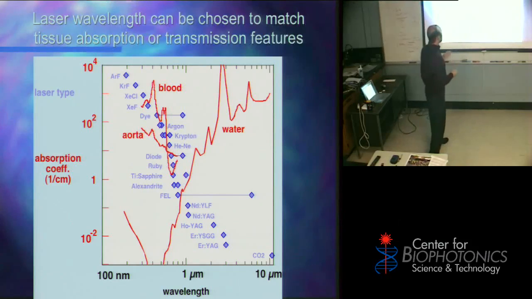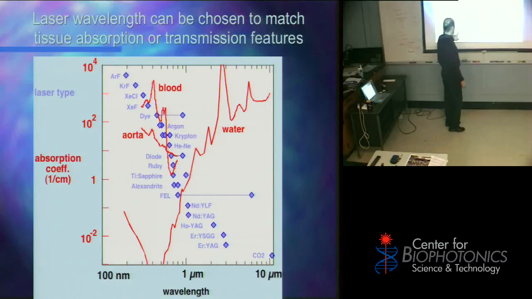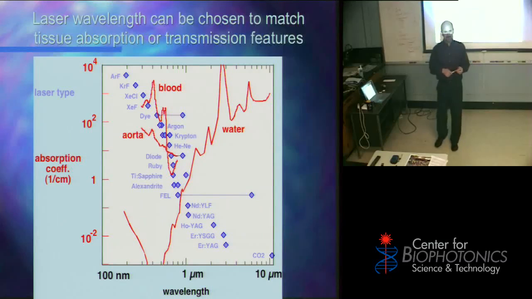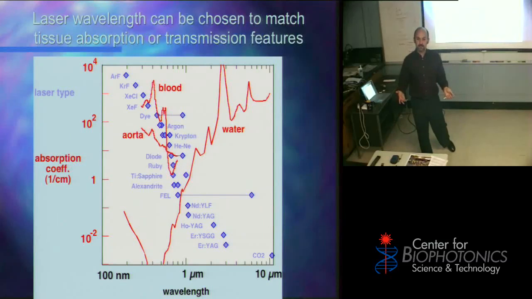Okay? So we have a window that tends to be from about 200 nanometers to about 900 nanometers, where the absorption of water is relatively low. This is a log scale. It's relatively low, and so we can see other things just based on how they absorb light.